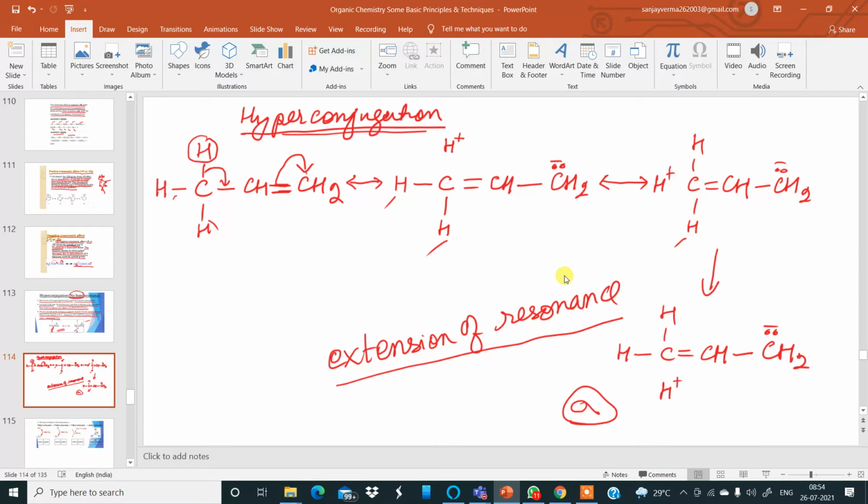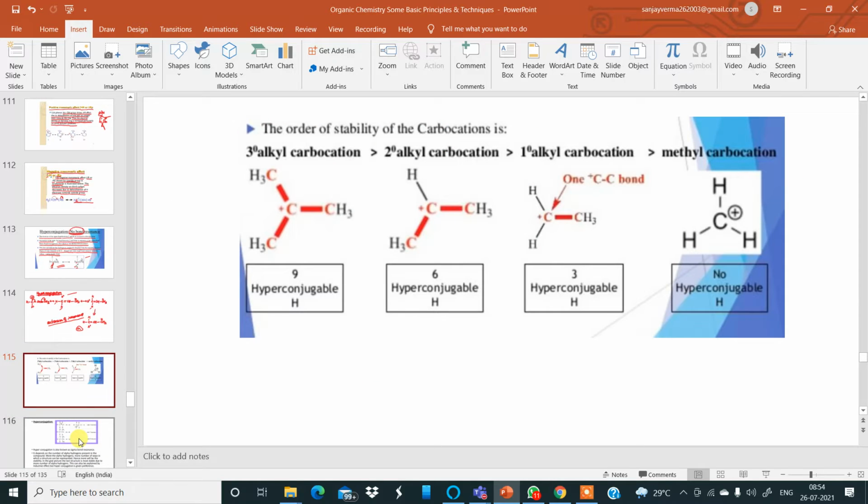Example. Now, on the basis of hyperconjugation, let us understand the order of stability of a carbocation. What is a carbocation? A carbocation is an organic compound, a hydrocarbon, which has a central carbon atom carrying a positive charge.